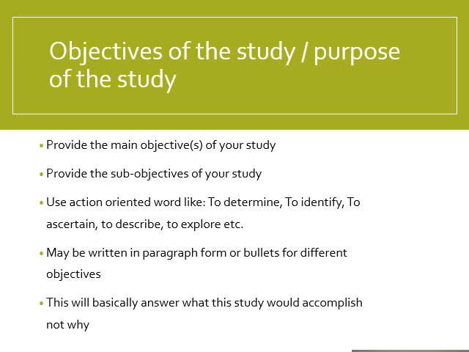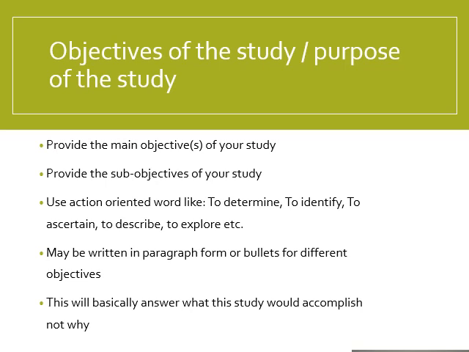ठीक है, whatever your research title, your research topic is, you have to focus on the same thing in the objective. Okay, and in order to write the objective you have to use words like to determine, to identify, to ascertain, to describe, to explore. Okay, so it may be written in paragraph form, but bullets, I would prefer bullets.